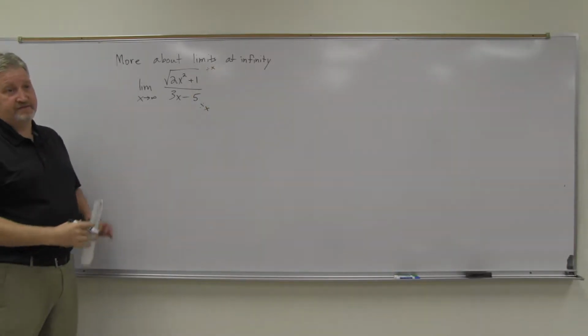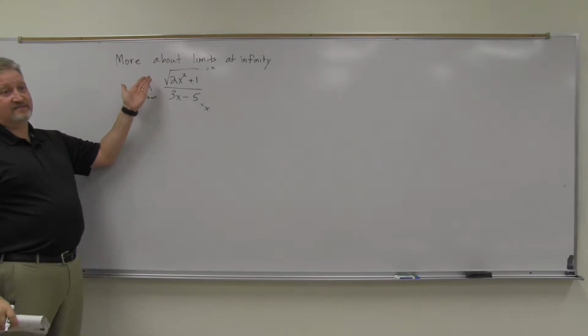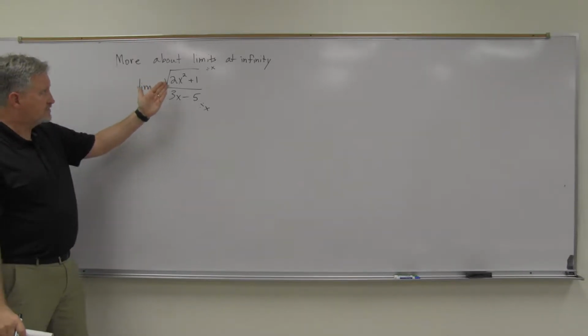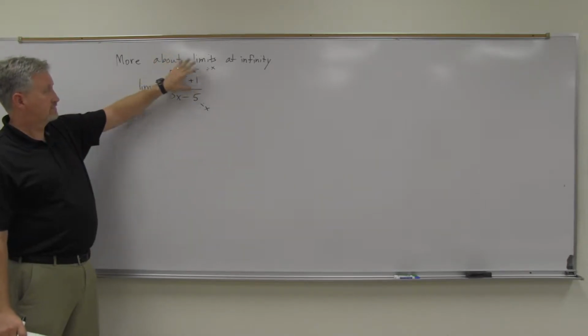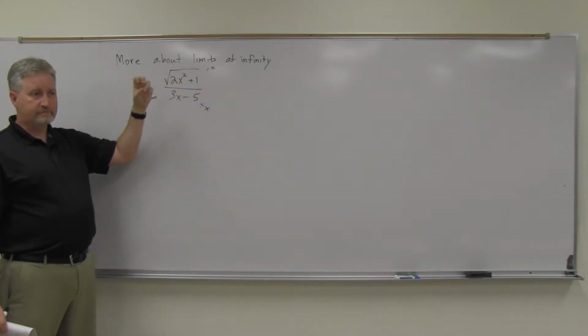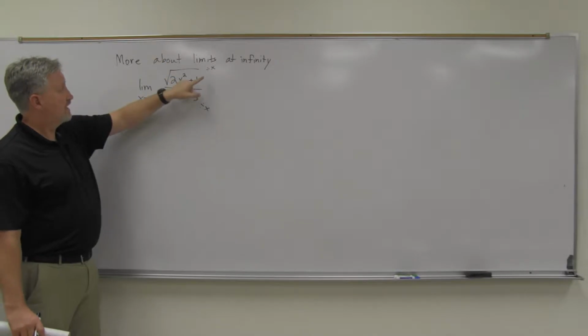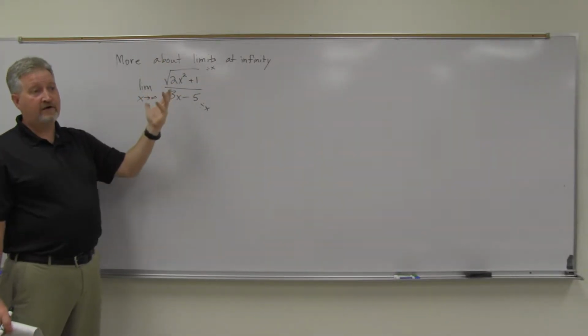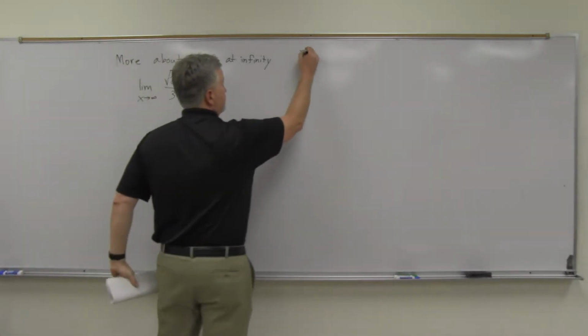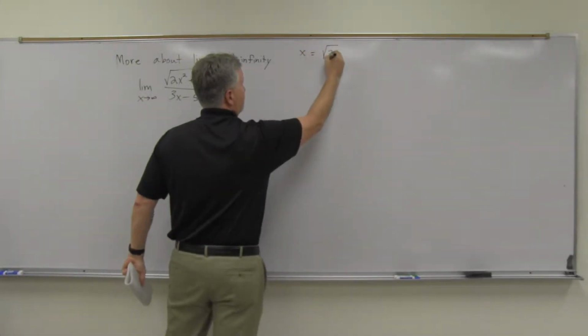The problem is, like I said, the top has a square root in it. Dividing the top by x, those two don't match. I can't put those two together, if you will. What I need is this represented in square root form. So how could I represent x as the square root of what?